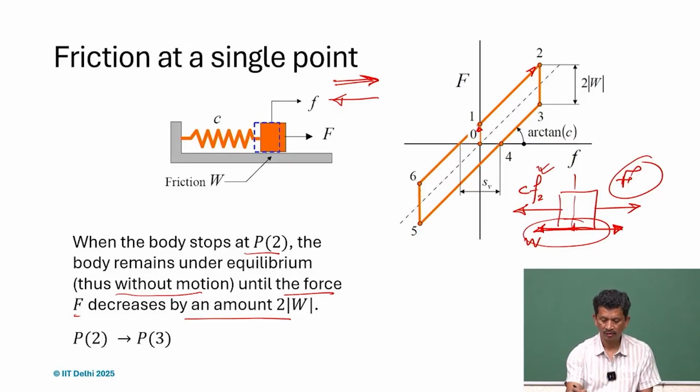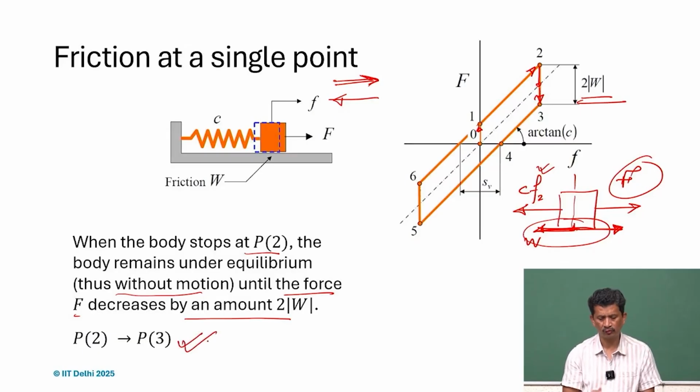So it will reduce to W, so 0, and then it reverses to another W. So it will reach here, and that's why we have 2W. Whatever is the friction force, twice the force, the external force will be reduced, but there is no deflection. The position is still there.